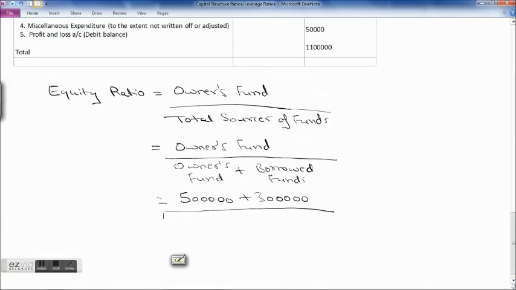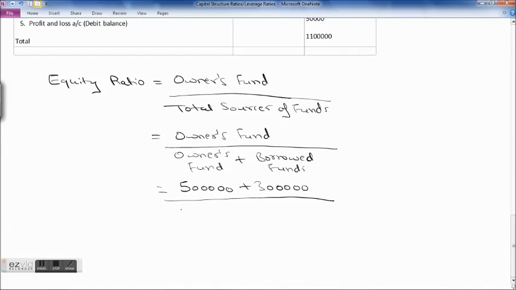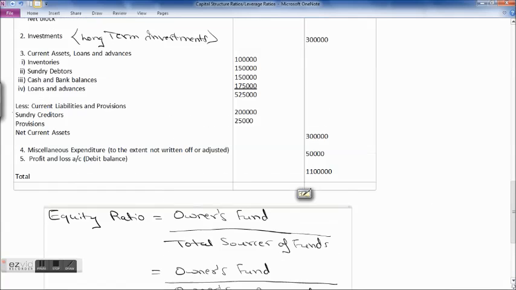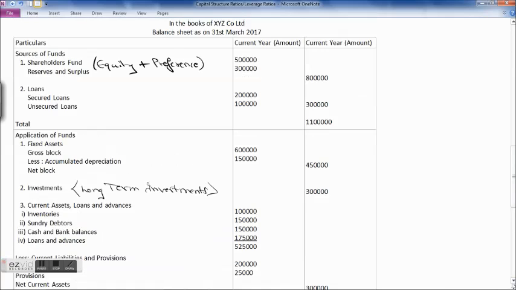So the owner's fund is 5 lakh shareholders' fund plus 3 lakh reserves and surplus, plus the borrowed fund, which is the total of secured and unsecured loans, 2 lakh plus 1 lakh.